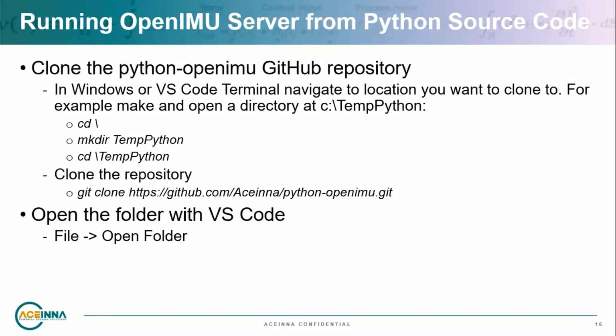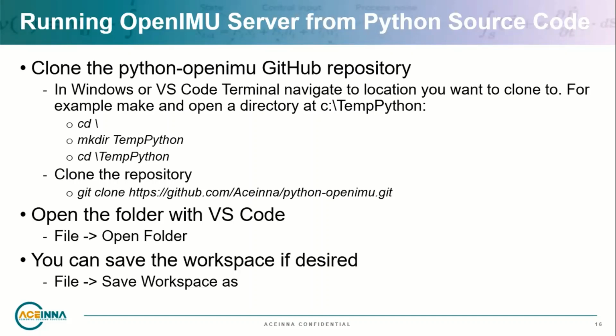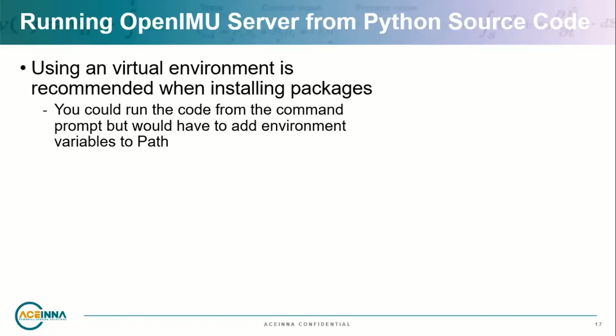Open the folder in Visual Studio Code, and you can save the workspace as desired. For installing different packages, you have to create a virtual environment, and you have to add these environment variables to your path.